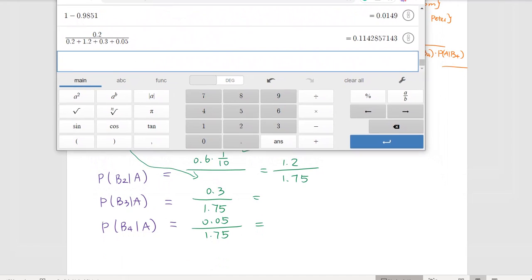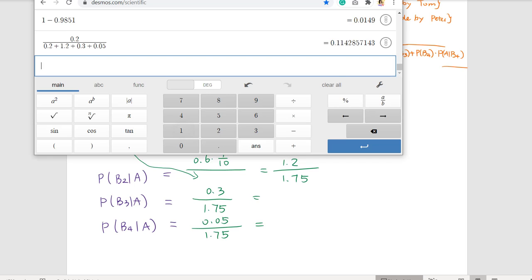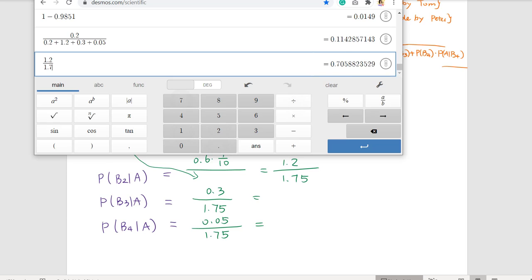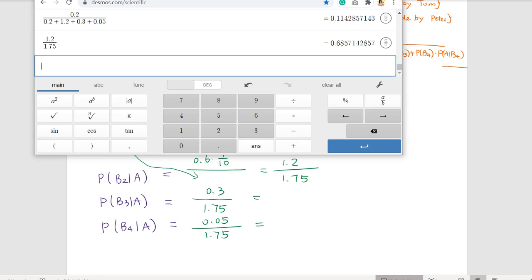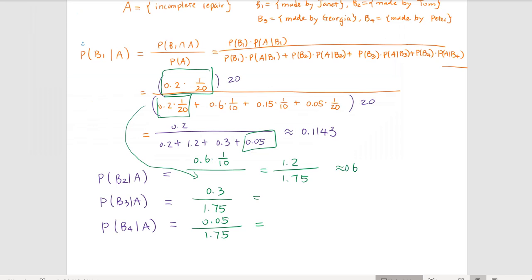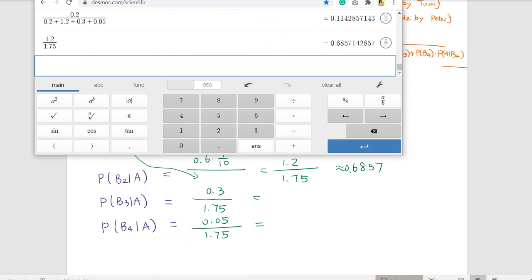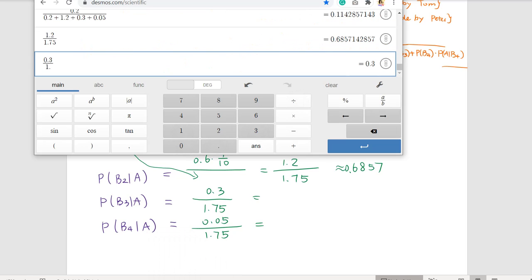Alright, so let's see. 1.2 divided by 1.75 is 0.6857. Okay, and then next one we have 0.3 over 1.75, which is 0.1714.